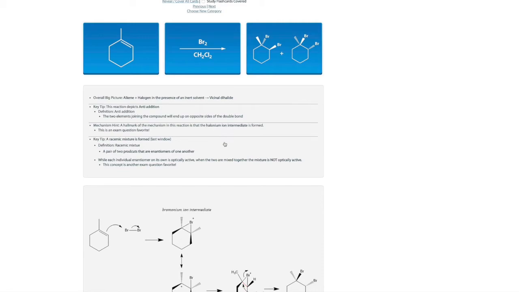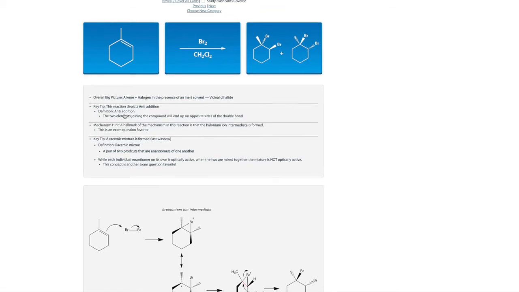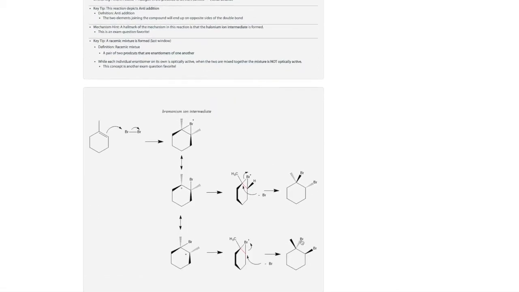So let's go over some tips about how to make sure that you get the mechanism right. And there are really 3 major tips. The first one is, in addition to the stereoselectivity, a key aspect of this reaction is that the stereoselectivity of the reaction is anti. That means that both bromines are going to add on the opposite face of the original alkene.